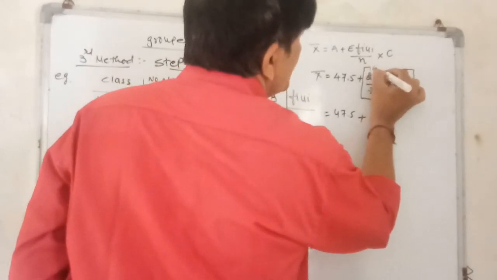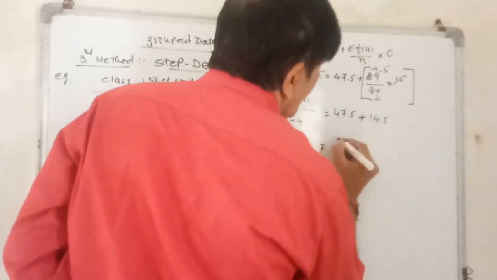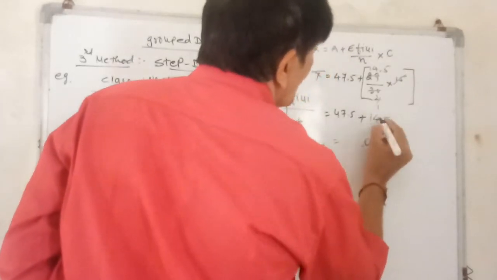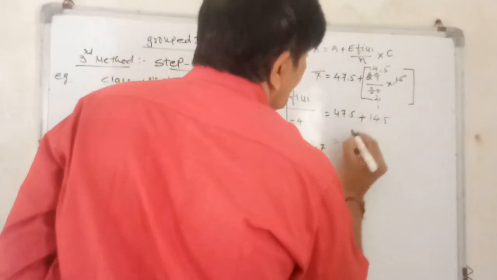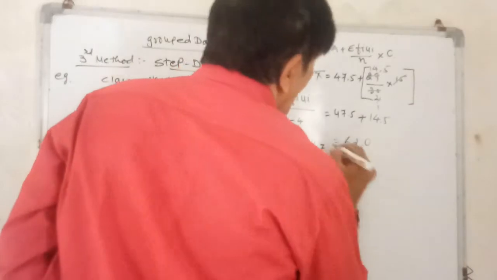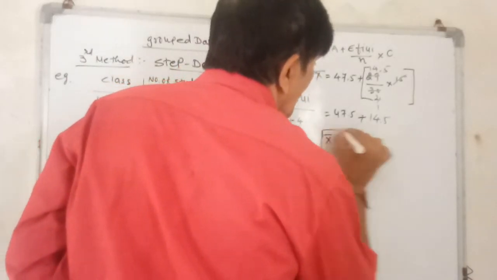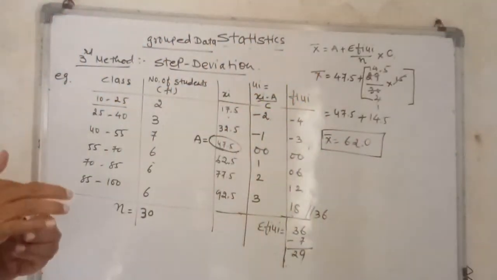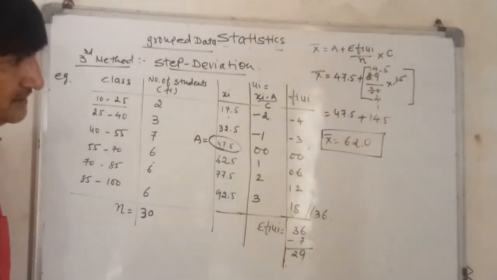So it is 14.5. 5 plus 5 it is 0, 1 carry. 11 plus 1, 12. So your x bar is equal to 62.